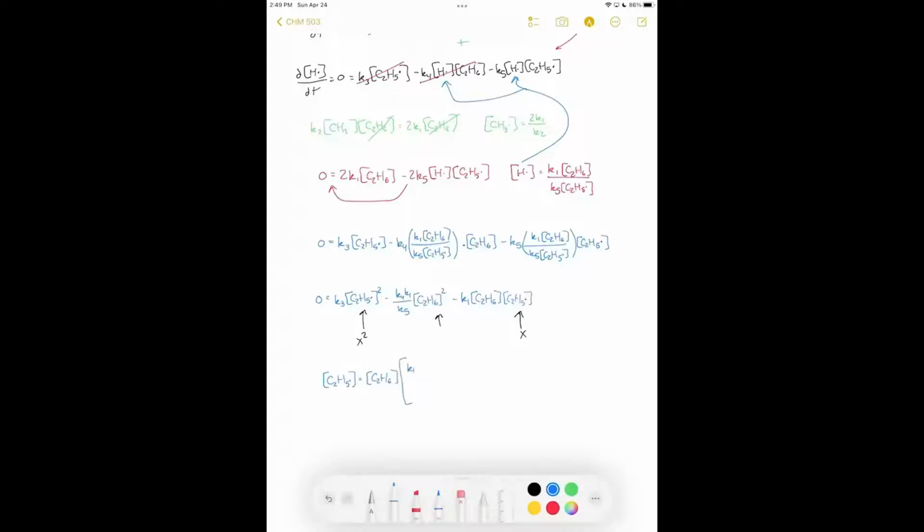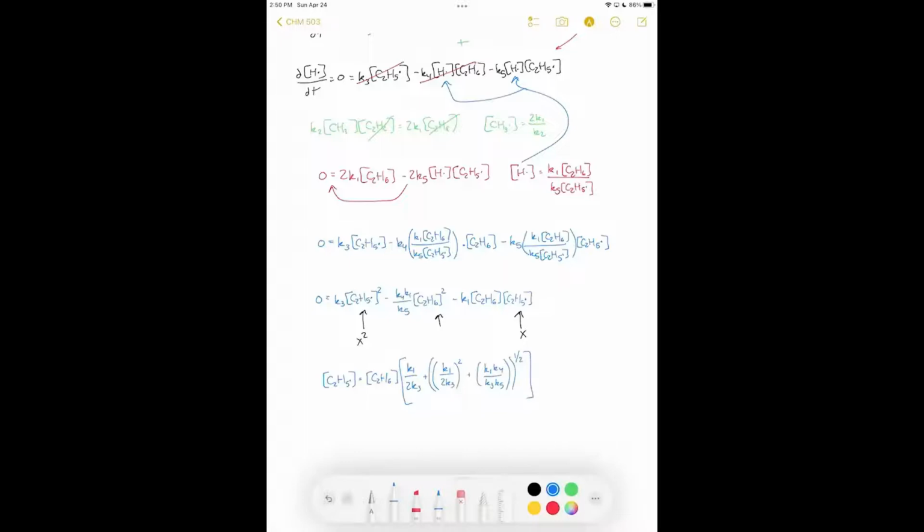We have K1 over 2K3 plus K1 over 2K3 squared plus K1 K4 over K3 K5, and then this whole term is raised to the 1/2.